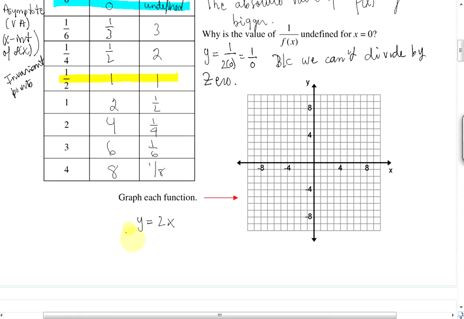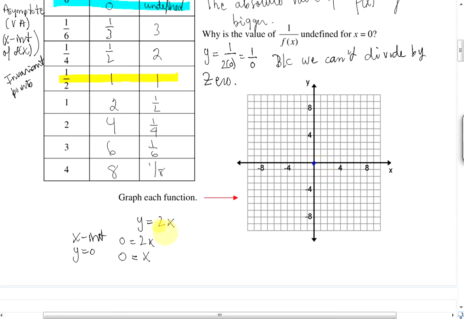Our x-intercept is when y equals 0, so we plug in 0 for y, and we get that x is equal to 0. We will find too that our y-intercept gives us the same thing, because when x is 0, y is 0. So our first point on our graph will be at (0, 0).